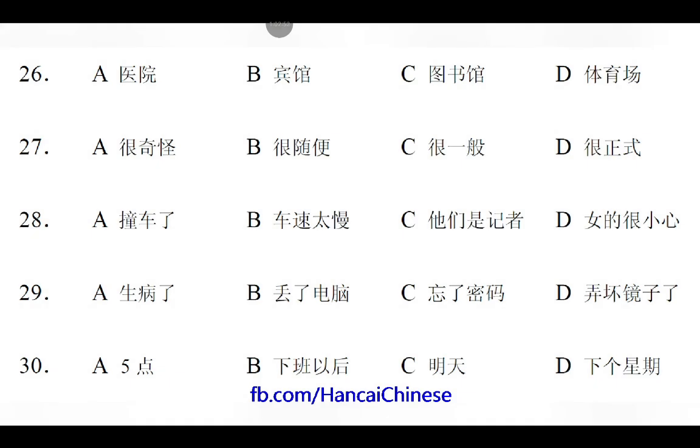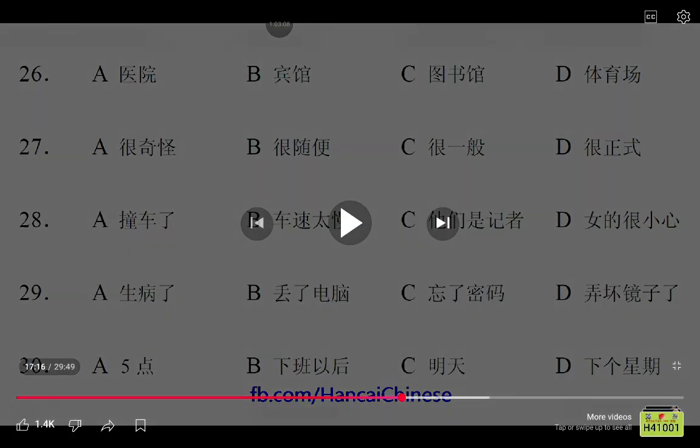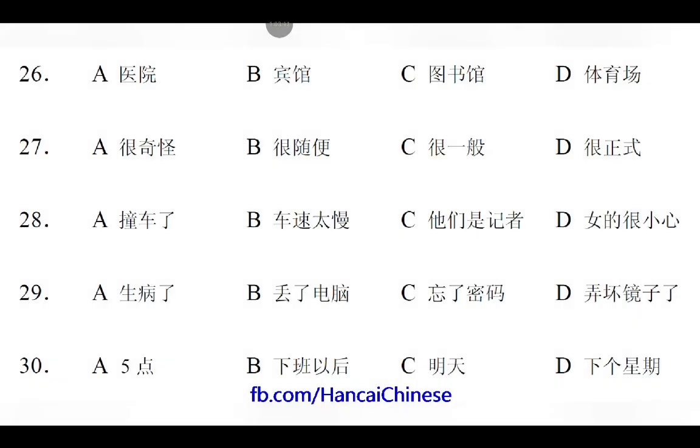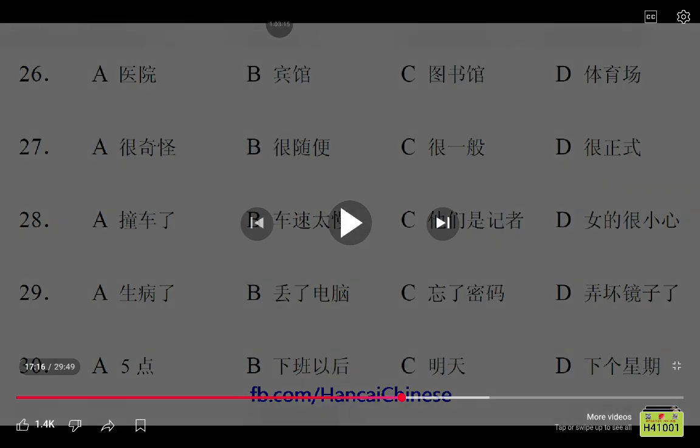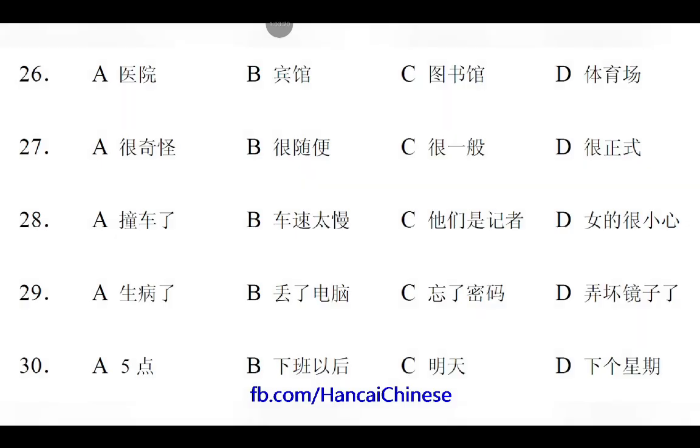26。姓名、年龄、性别、联系电话都写在这张表上。好的，是在1楼打针吗？对，1楼。打针 means get injection. 哦，就在对面。一会儿请把这张表交给护士。好的。护士 means nurse.